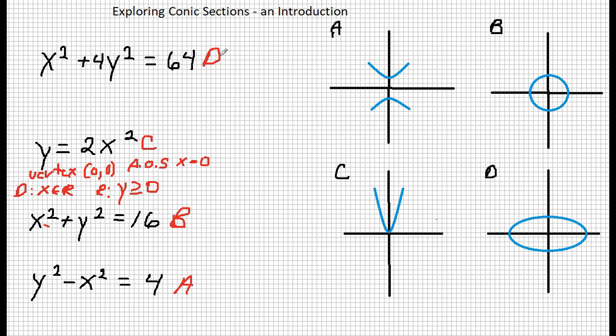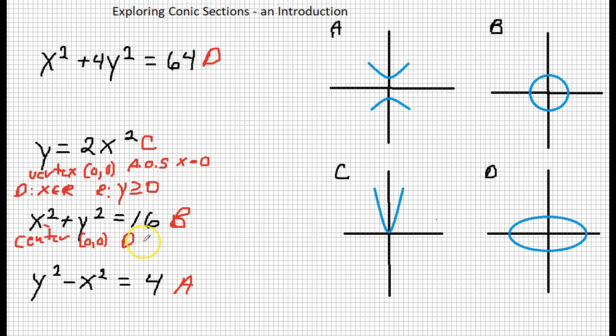Now we're going to briefly go over, since I said we were going to do the circle next, let's do the circle. Our center, 0, 0. So center is at 0, 0. The domain, well, my x's only go from -4 to +4. There are no x values outside.